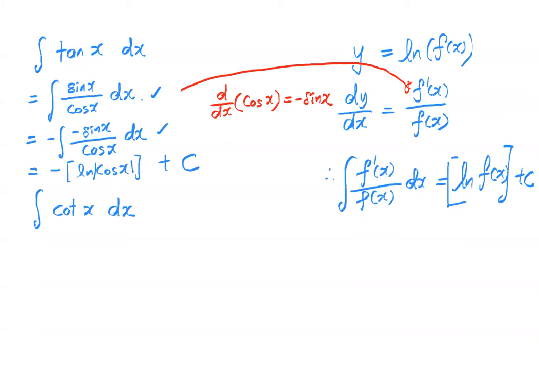So can you try for the cotangent? Cotangent is cos over sin. So you try for cotangent, see whether you can get or not. So what you need to do is write down the derivative of the bottom. What is the derivative of sin x?